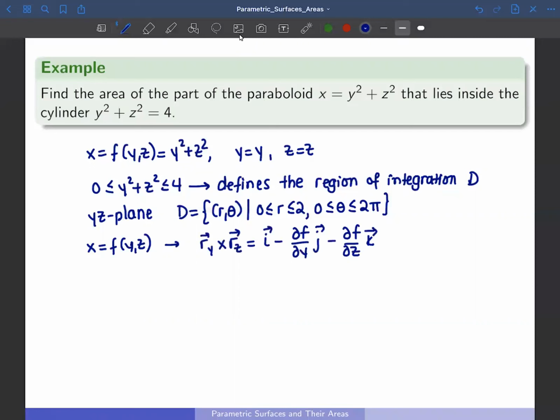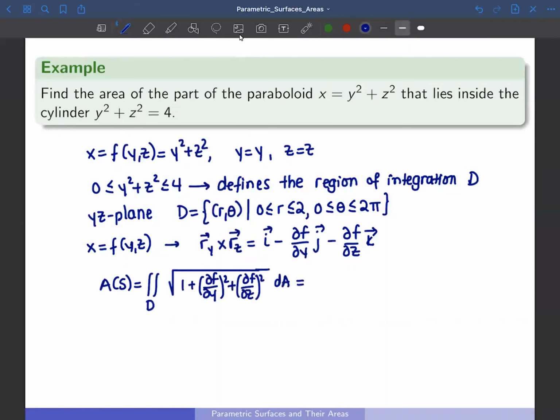And therefore, the area of the surface S will be given by the double integral over the region D of the square root of 1 plus (partial f partial y) squared plus (partial f partial z) squared times dA.